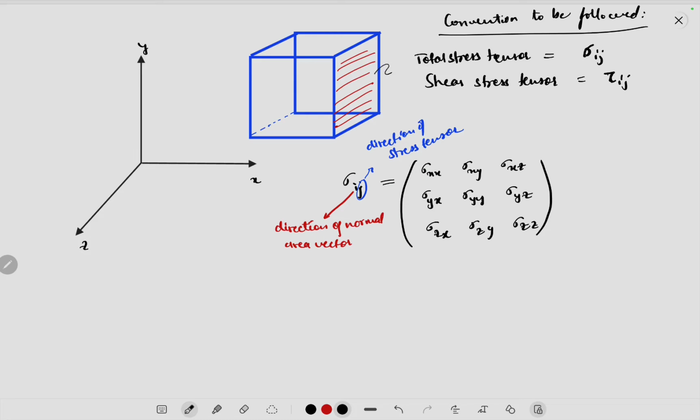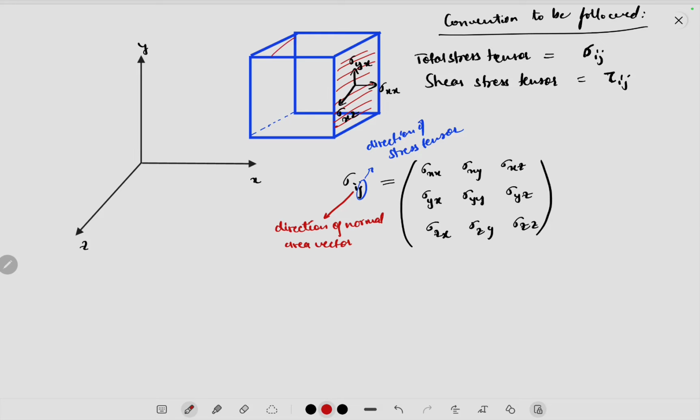Now we know that the area vector is pointing in the positive x-axis, so I can write the stress tensor here as sigma xx, here as sigma yx, and here as sigma zx.